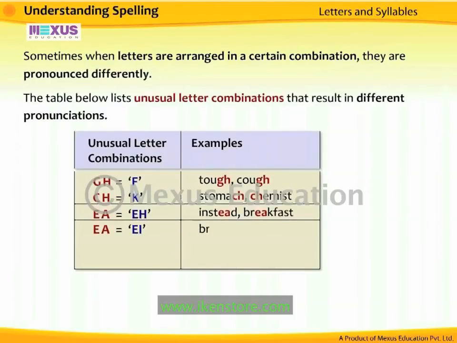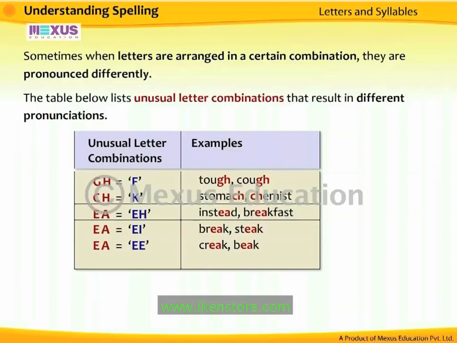The letter combination EA can also be read as A. So, BREAK is break and STEAK is steak. The letter combination EA can be read in yet another way as E. So, CREAK is creek and BEAK is beak.